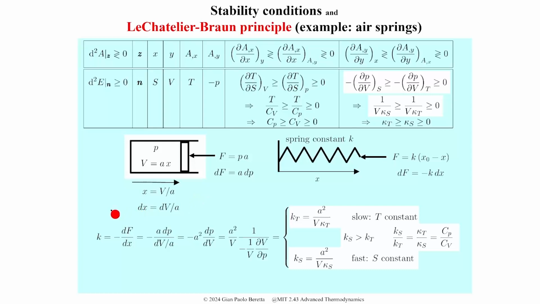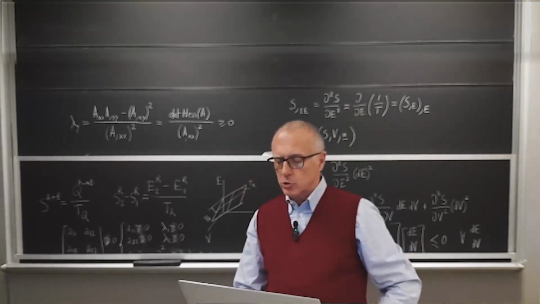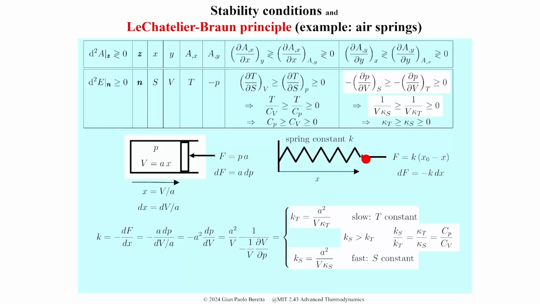It's kind of easy mechanical engineering, so to speak. This K is the spring constant that relates the reaction or force of your spring to a change in its compression.